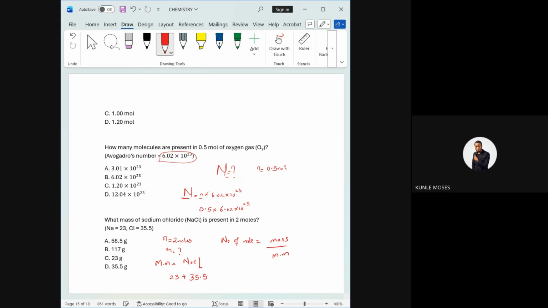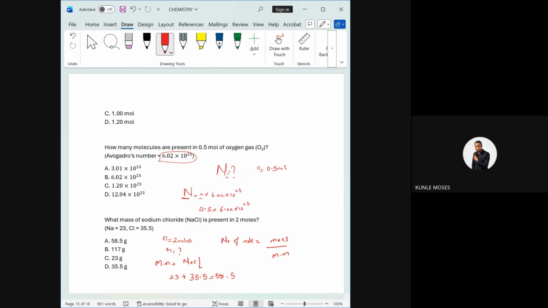So what is 23 plus 35.5? That should be 58.5, I mean. So my system is hanging again. That's 58.5 grams per mole. Do we get that? Please, do we get that?